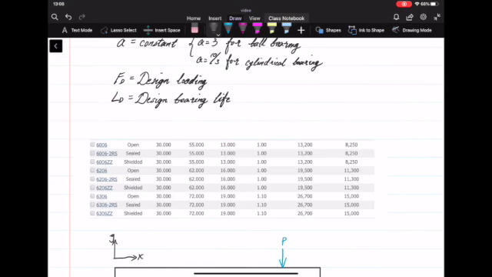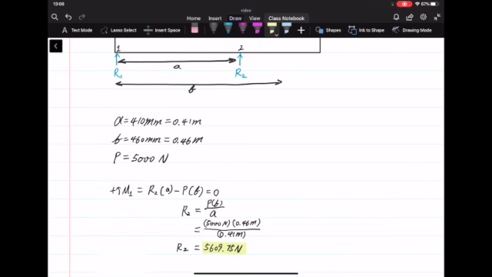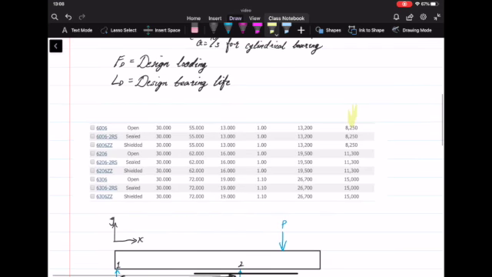Okay, now we go back to this list right here. We will select one of these. This column is the static loading column, where we want loading of at least 5,600 Newtons, which they all have. That's good.